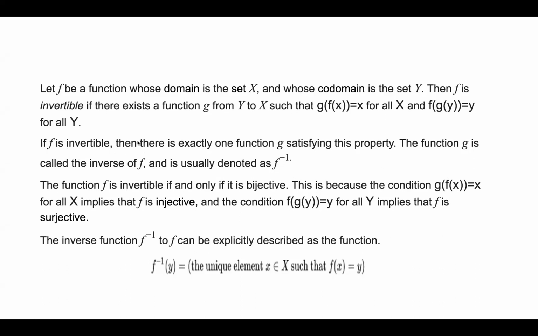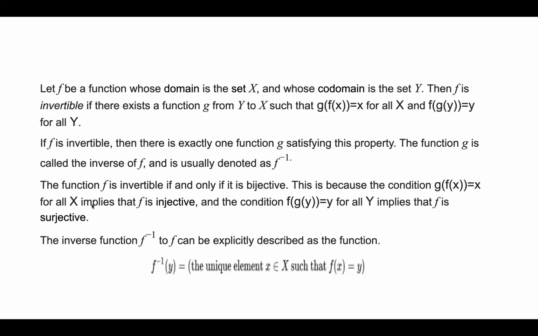What we get from this is, if f is invertible, only one function g will satisfy this property. Only one inverse function will be there. It is not the case that one function has two or more inverse functions. One function is having only one inverse function, and that is unique.